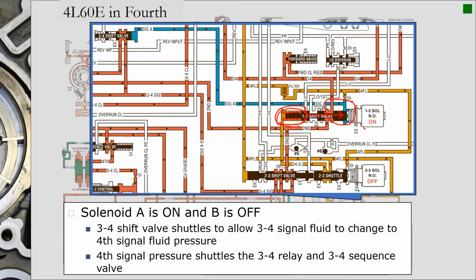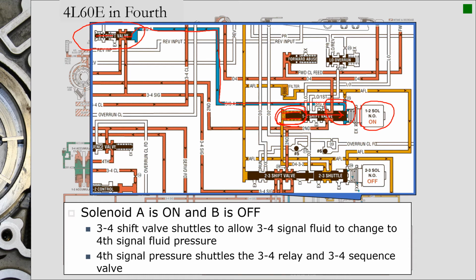But right now we're using shift solenoid A, or the 1/2 shift solenoid, and we want it to not only do its job shifting from 1st to 2nd, but also serve double duty there and shift this 3/4 shift valve as well. So when we energize the circuit and trap the fluid pressure in there and AFL builds up, called signal A now, we look and we come over, we shuttled the 3/4 shift valve over to the left as shown there.